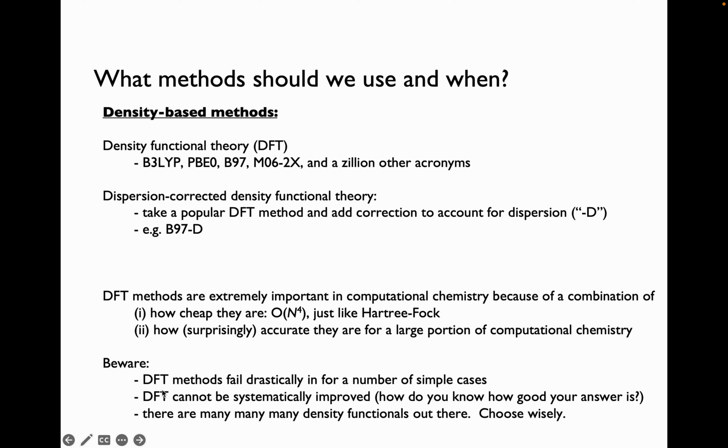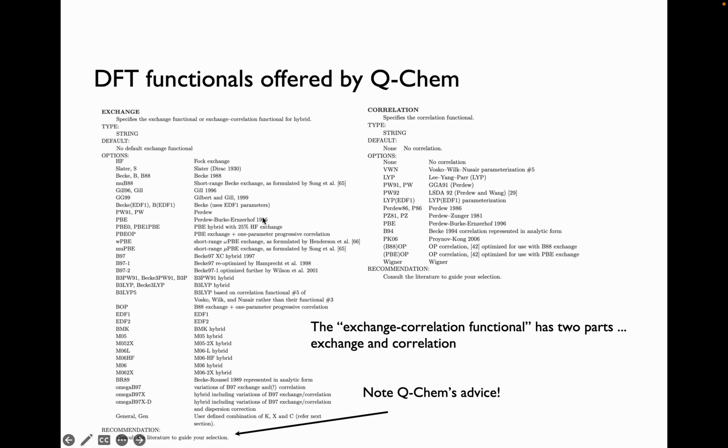Density functional theory can fail in a number of really simple cases, and it cannot really be systematically improved in the way that wave function methods can. And also there are many, many choices of density functionals. So this is a list of density functionals offered by a quantum chemistry package called Q-Chem.